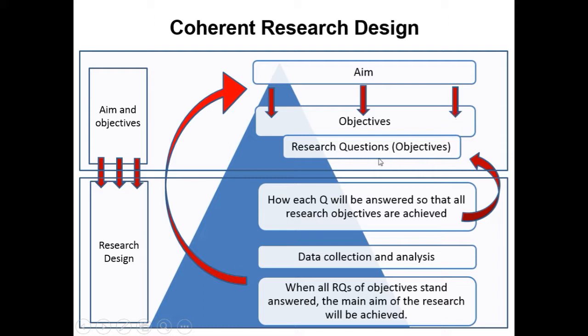So your research questions should always come out of your research objectives. Now, research design is thinking about these objectives and how to find answers for those research questions. So how each question will be answered so that all research objectives are achieved. That's mainly what you are thinking when you are developing your research design.